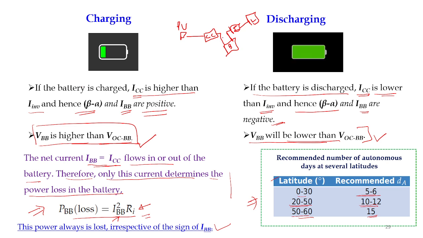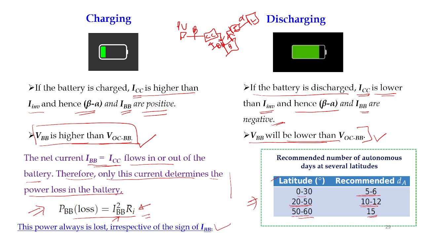If the battery is charged, then this ICC is higher than this I inverter current, right? And this beta corresponds to this energy balance, and alpha corresponds to this power balance, across the inverter, and beta along the charge controller. So then beta minus alpha will be positive, and IBB will also be positive. IBB direction is charging the battery, so it will be positive, right?